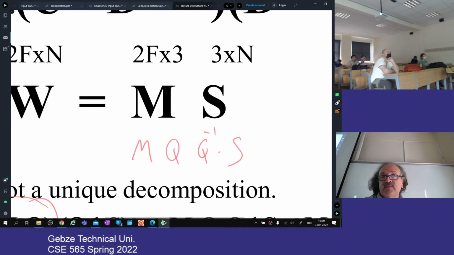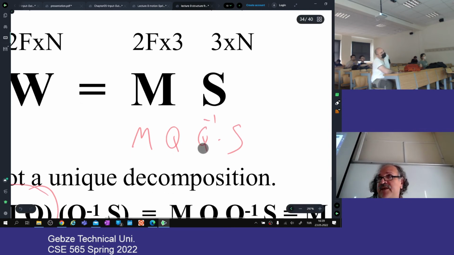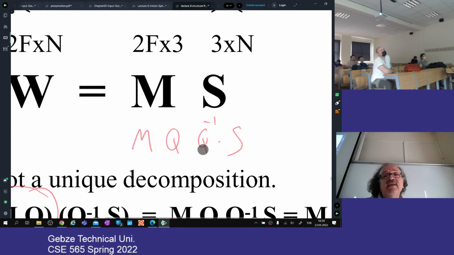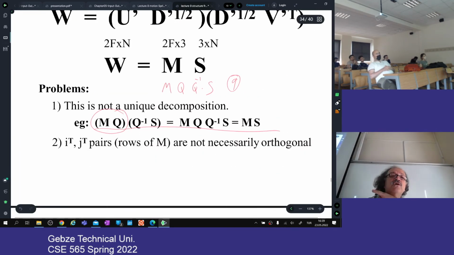So this is 3 by 3 and 3 by 3. That means I need to find these nine unknowns, so that the I and J pairs become orthogonal.